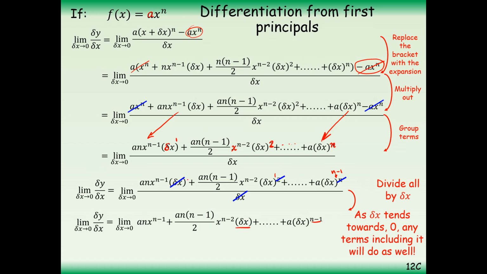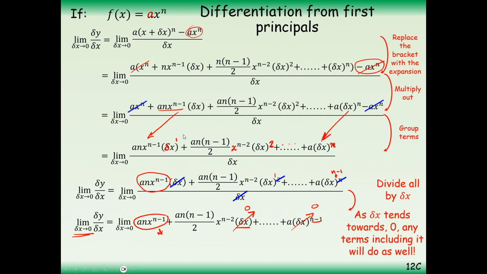Only this very first term here, a n x to the power n minus 1, has no delta x in it. So when we evaluate this limit, every other term will approach 0. Only this term remains, the very first term where you had this a multiplied by n.